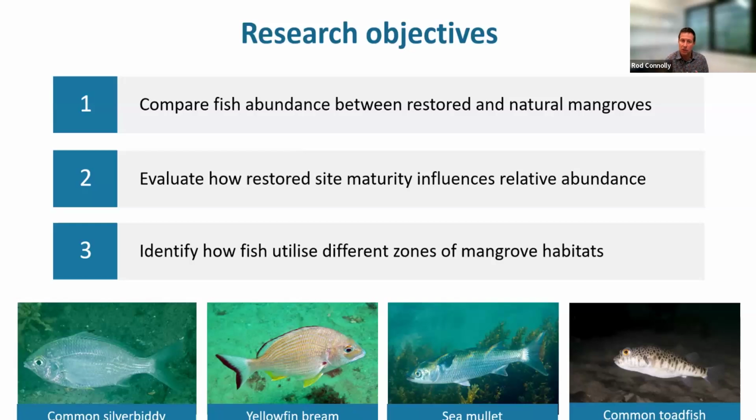So in this case, the research objectives were to compare fish abundance between restored and natural mangroves at many locations, evaluate how the maturity of that site, how long since the mangroves were restored, affected the relative abundance of fish. And there was a third objective, which was to look at how fish utilise different zones within a mangrove forest. I'm actually not going to talk about the results of that today.